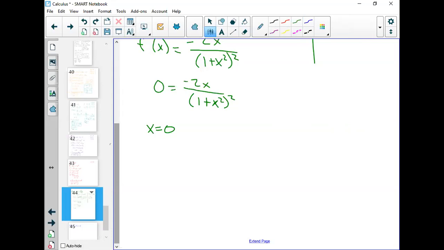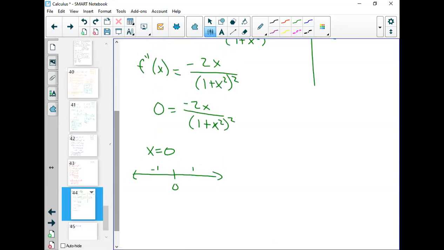So x equals 0 is our only potential inflection point. We need to confirm that it is an inflection point. Try -1, try 1. We're going to plug it back in. If you plug in -1, our numerator becomes positive, and our denominator is also positive, so that's positive.